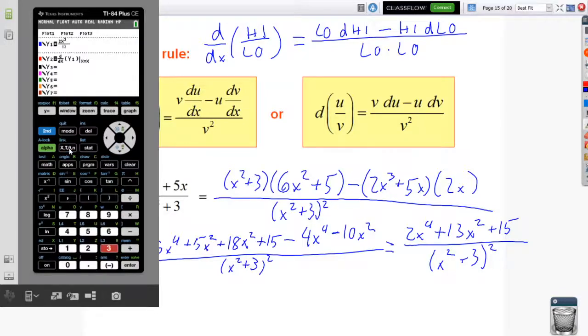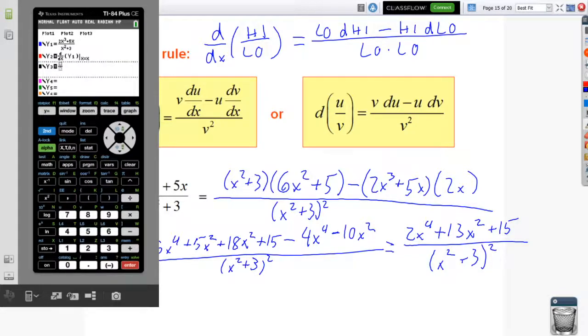What I'm going to do is turn off the original function, and in the third line, I'm going to put my answer.